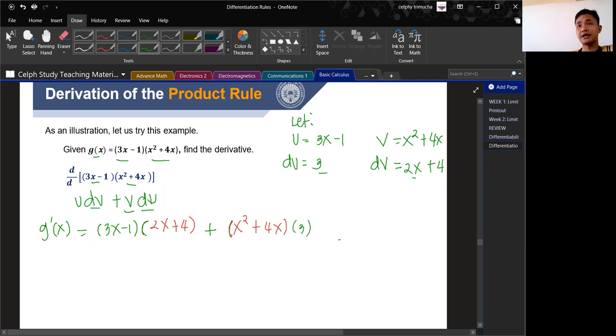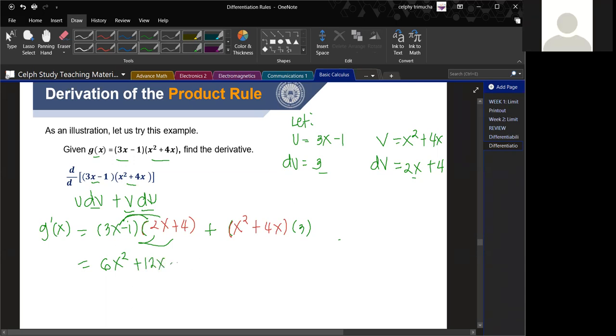So, perform algebraic operation lang dayon. Perform ang FOIL method diri sa aton nga equation. So, we will have 6x squared, plus 12x minus 2x minus 4.